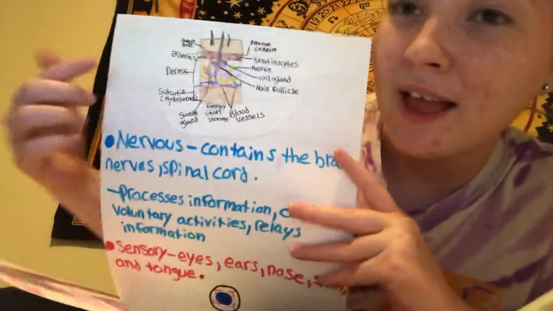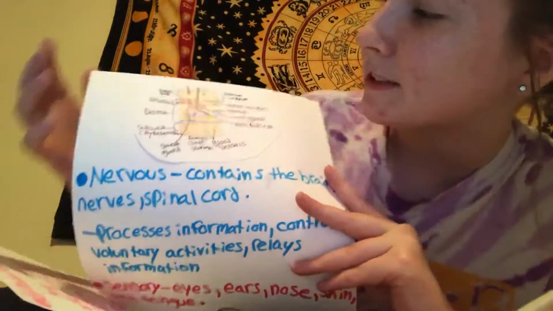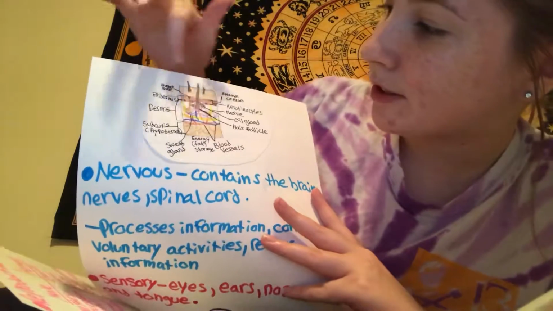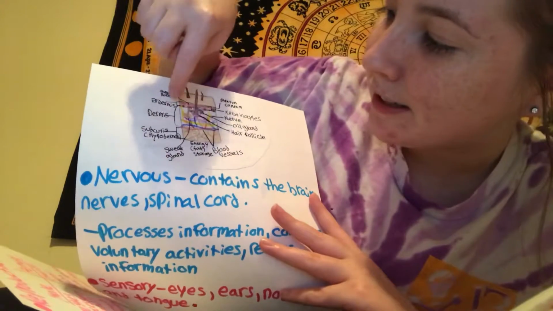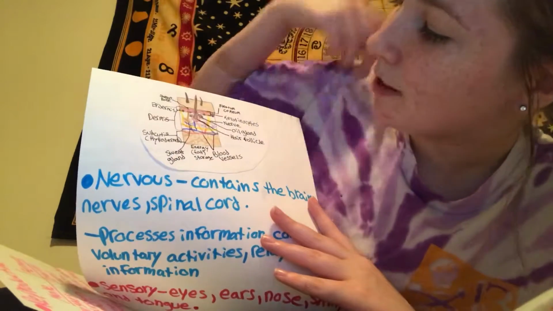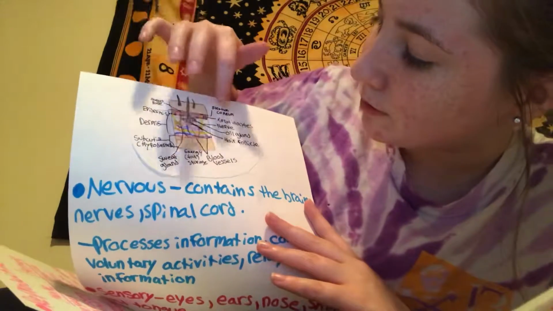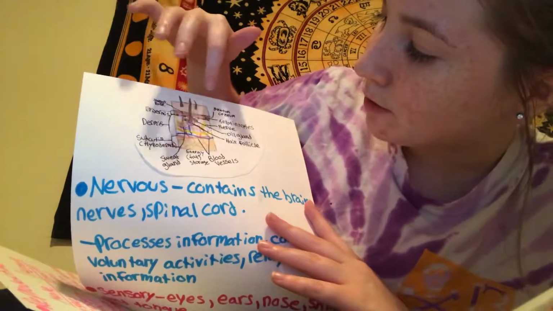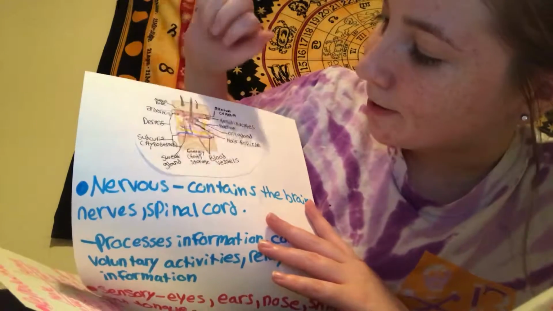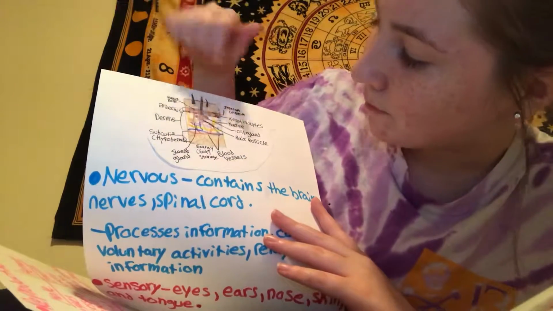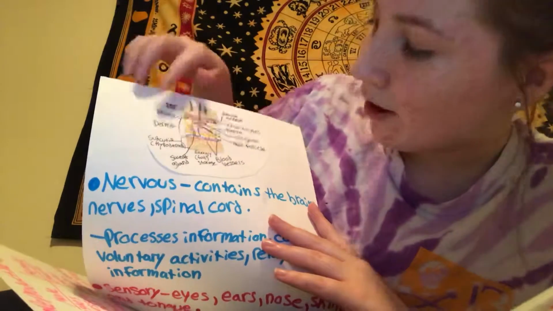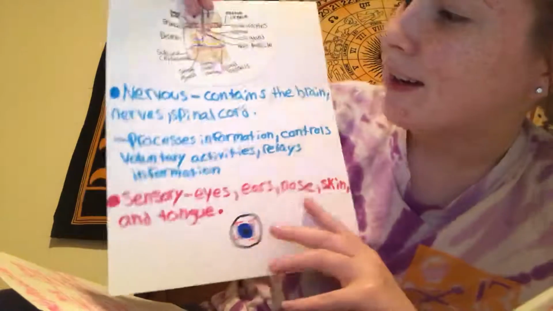I drew an example of the skin, so the epidermis, the dermis, and then there's the blood vessels, hair follicles, nerves, sweat glands, and all that other good stuff.